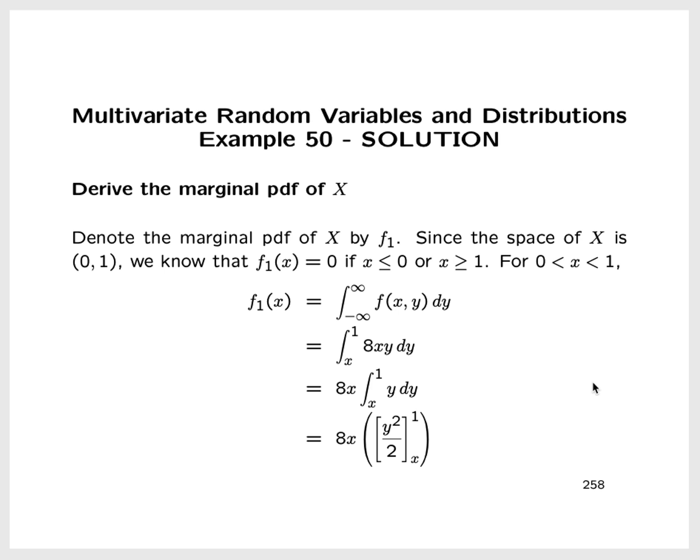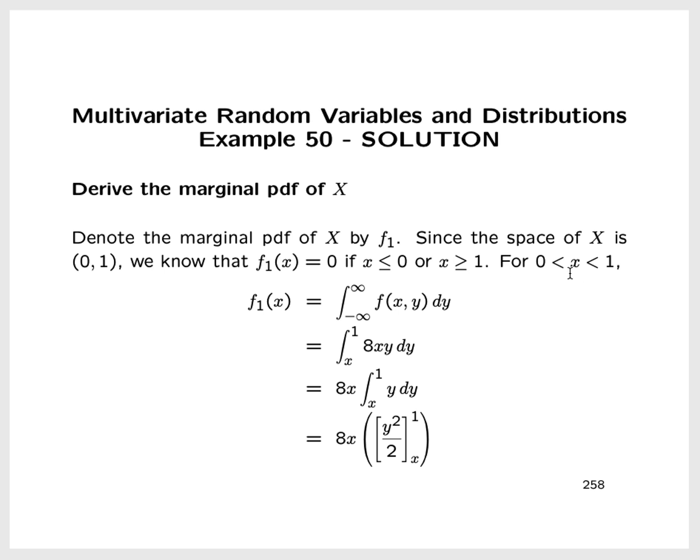Now, we're going to derive first the marginal PDF of x. And so again, as usual, we will denote the marginal PDF of x, which is the first variable in the joint distribution, by f sub 1. Since the space of x is the unit interval, we know that if we evaluate this marginal PDF at any value of x outside that interval, it's got to be equal to 0.